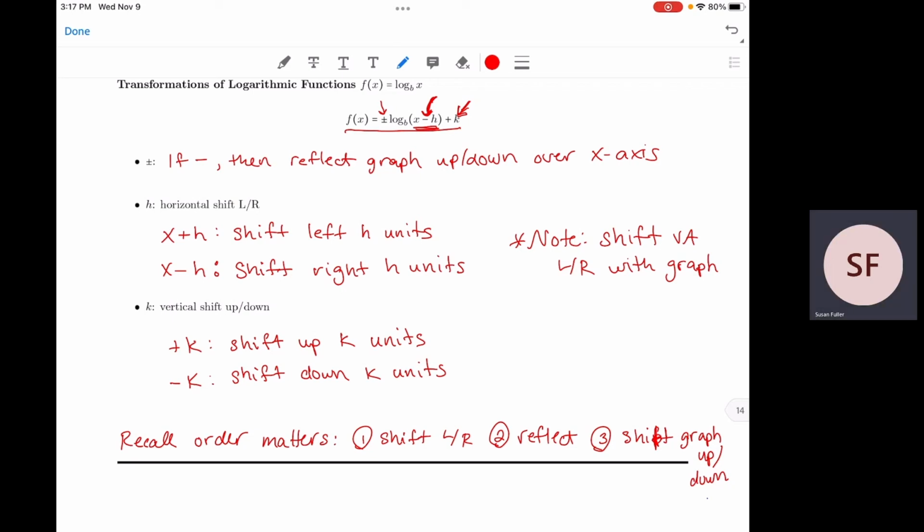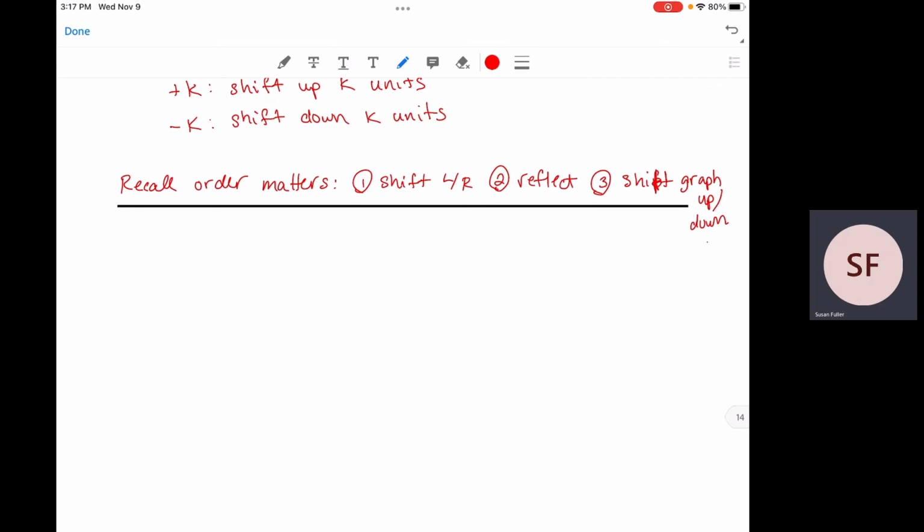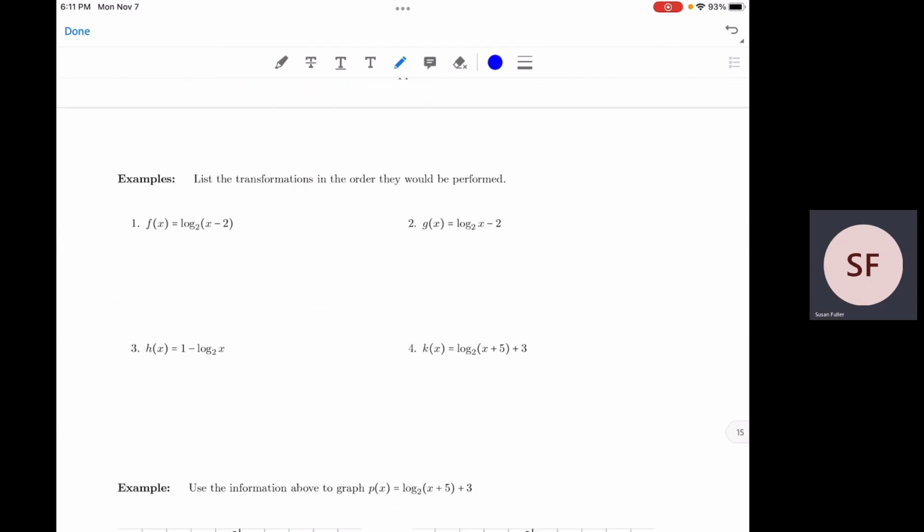Okay, so let's try this. Let's figure out how to use these. Okay, so in each of these, let's list the order in which the transformations would be performed. I also want to make a note here of what the basic graph would be. In numbers 1, 2, 3, and 4 here, notice that the logarithm that would serve as our base, or the function that would serve as our base to give us the shape of the graph, is y equals log base 2 of x.